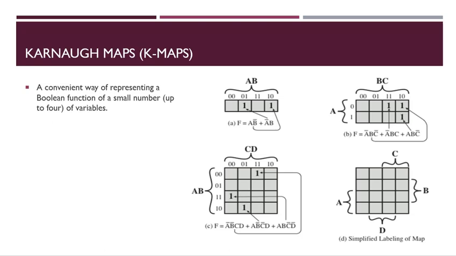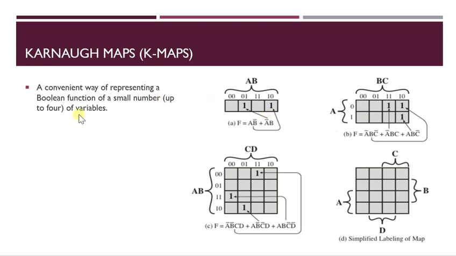Those who are not into mathematics, and those who are not experts and familiar with the basic identities and rules to simplify the Boolean equation, tend to make mistakes when they do the simplification.